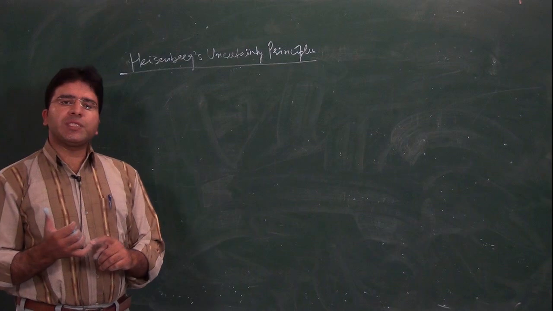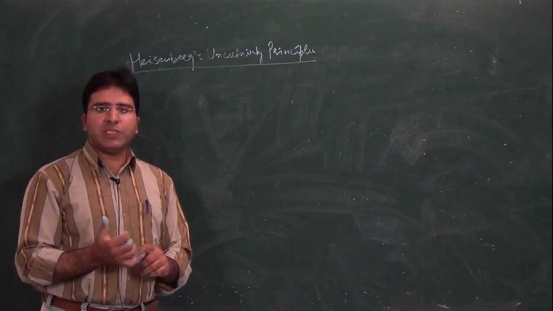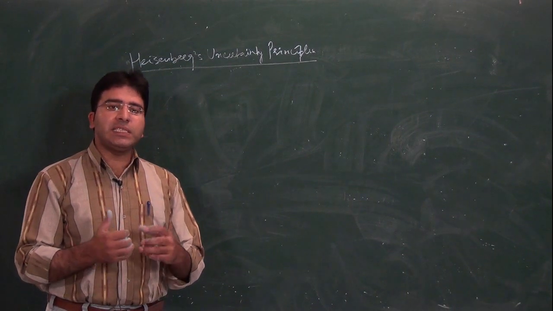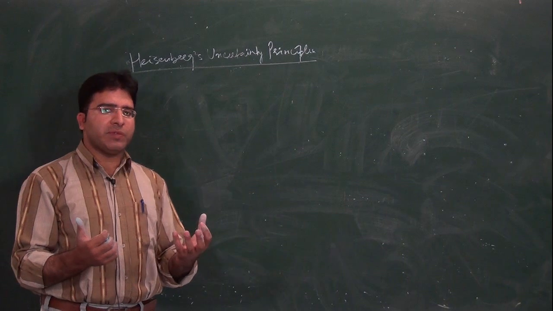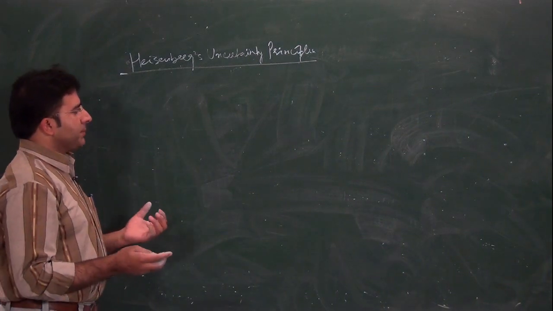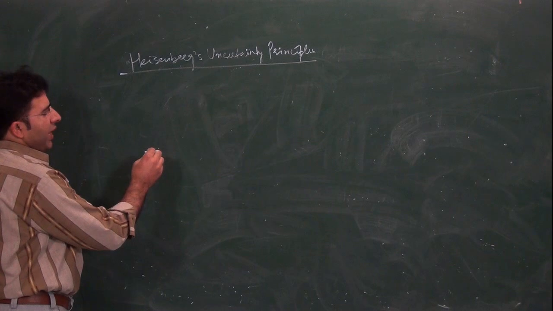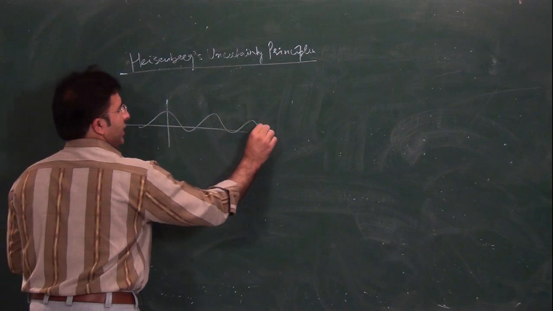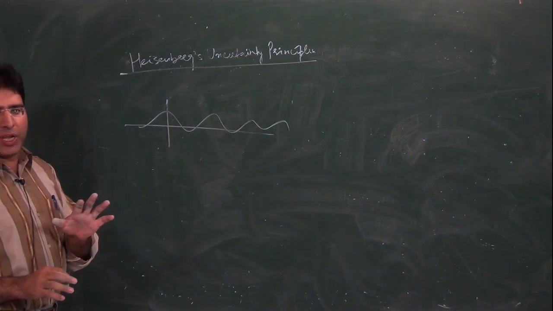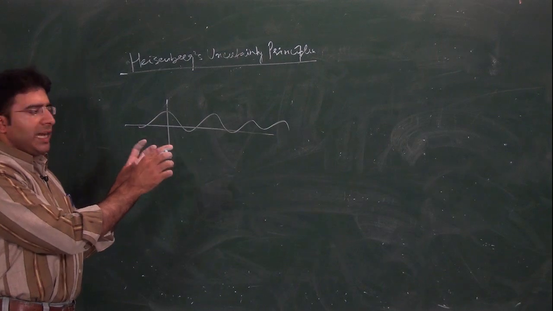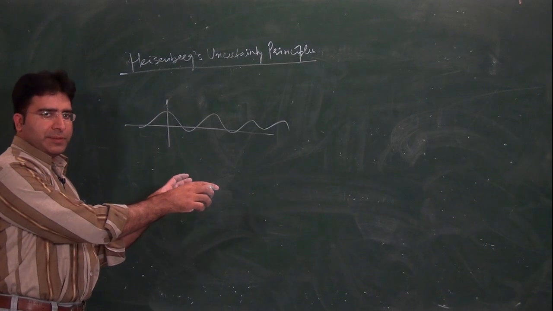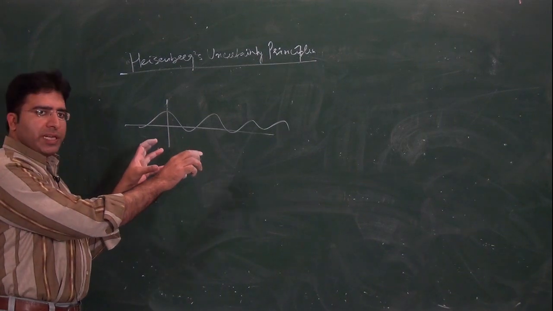When we say something is a wave, a wave by definition is delocalized in space as well as delocalized in time. What is the meaning of that? If some wave is going along a string and you photograph it at a particular time, you want to locate where it is.